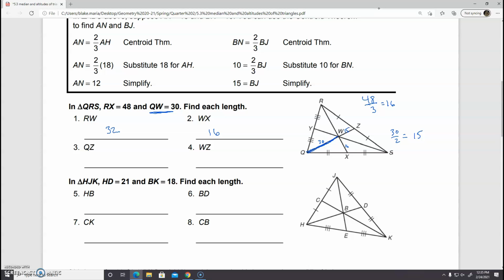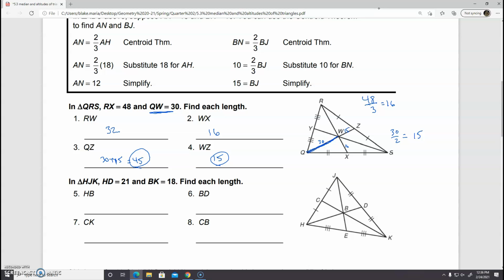So Q to Z is 30 plus 15, that's 45. And then WZ is 15. And we're done.